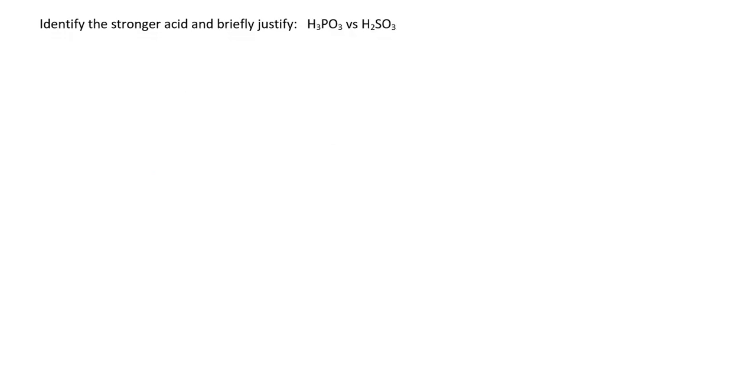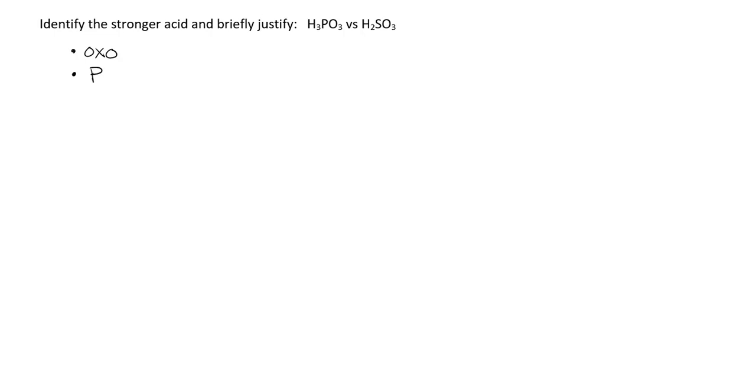In this example, we first identify the type of acid. We can see that they are oxoacids. The next thing we do is identify what trend we're looking at. These two acids have the same number of oxygens, so that's not a means of comparison. So we have to compare the central atom.